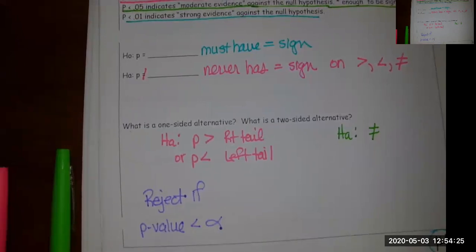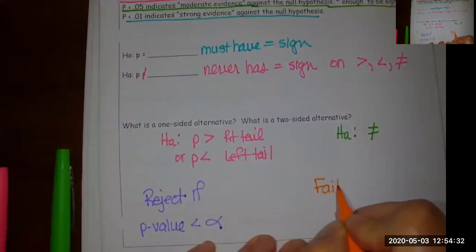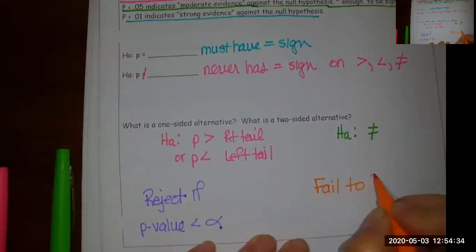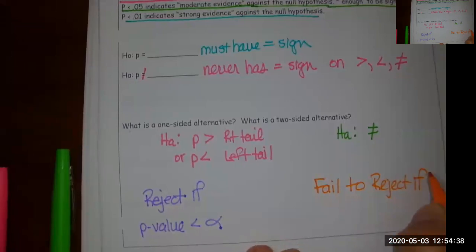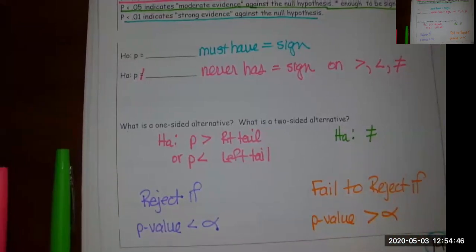We do not accept, we never say accept, but we say we will fail to reject if the p-value is greater than alpha. So pause for a second and think about that.